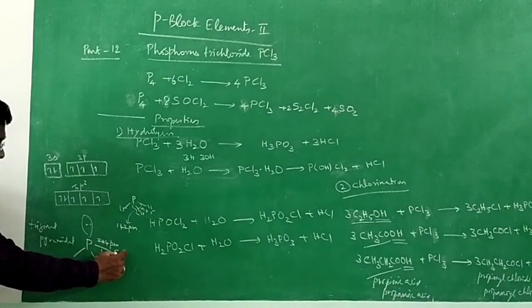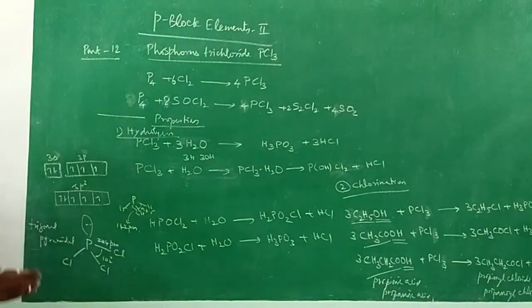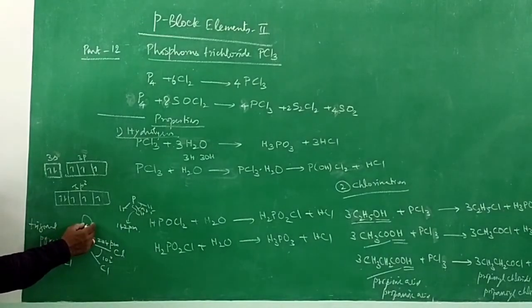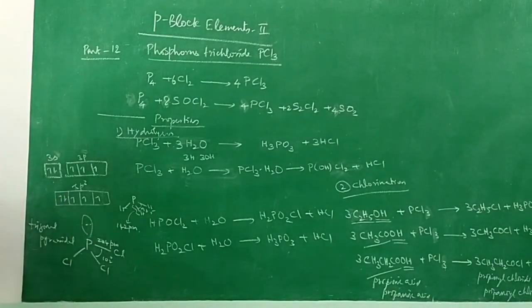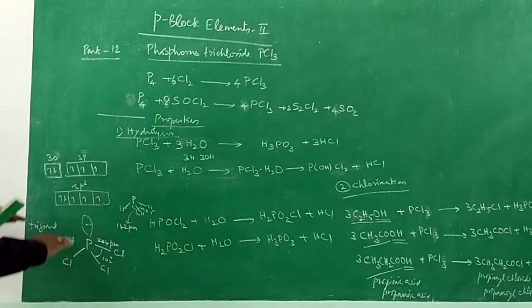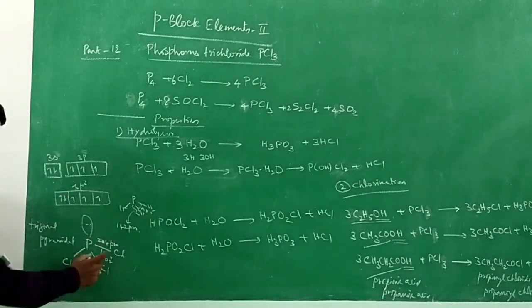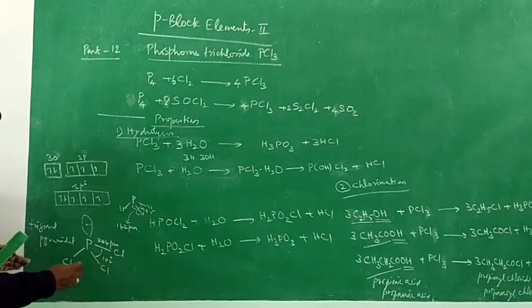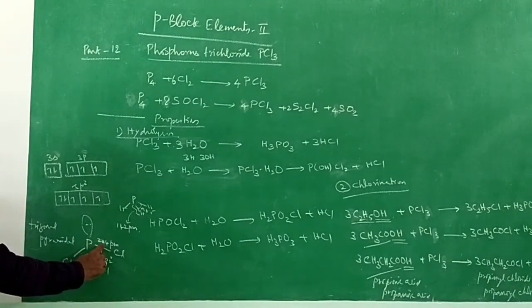Here, because of the bulkier chlorine group and due to sp3 and p orbital overlap, usually we say the bond pair repulsion will be higher. So it will try to compress the bond pair of electrons. But since Cl is bulkier, actually it has to be 109 degrees 28 minutes.